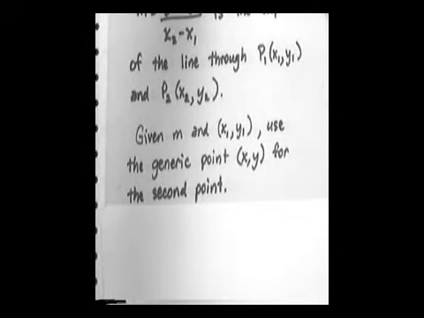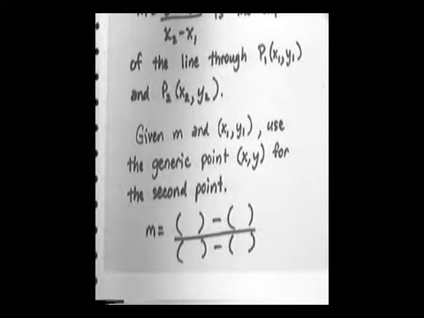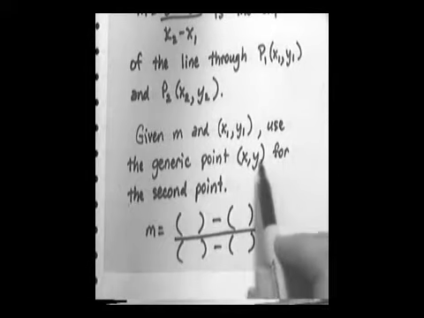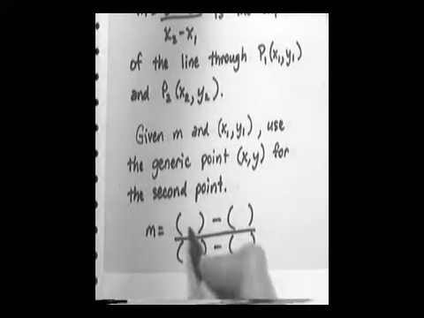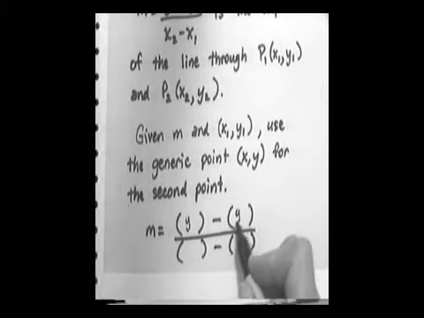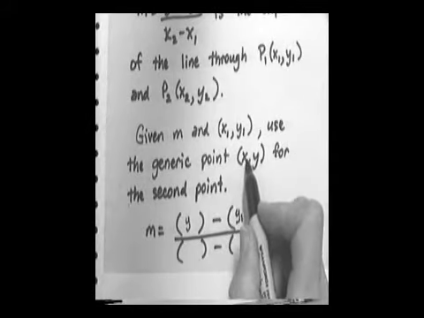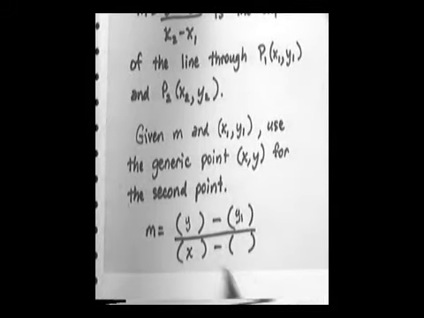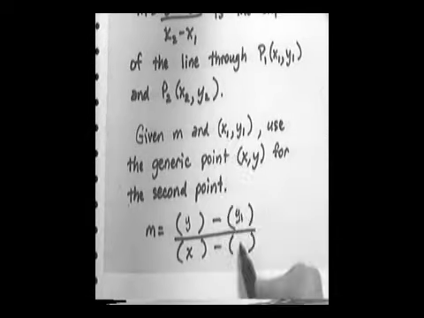So in the slope formula, we have m, which is the m we're given, and we'll fill in y2, which is the second y, which we're calling the generic y, minus y1, over the second x, which is x, minus the first x, which is x1.